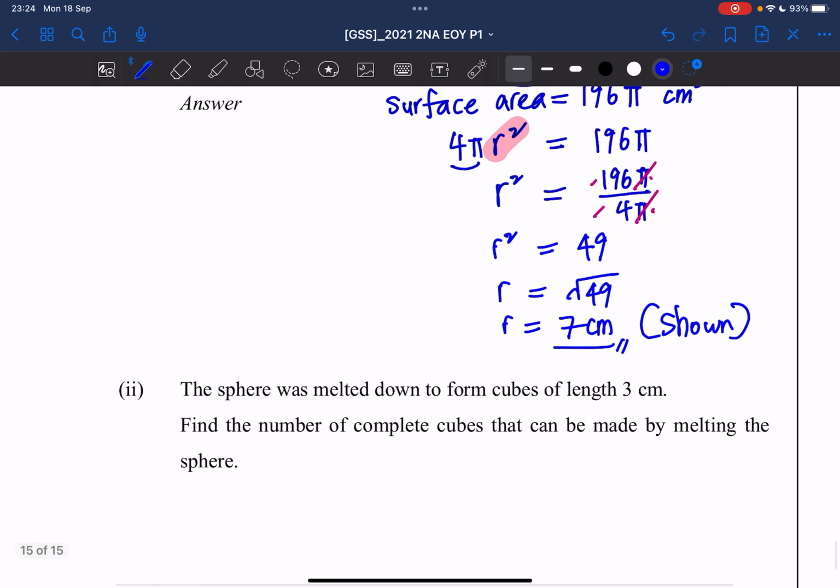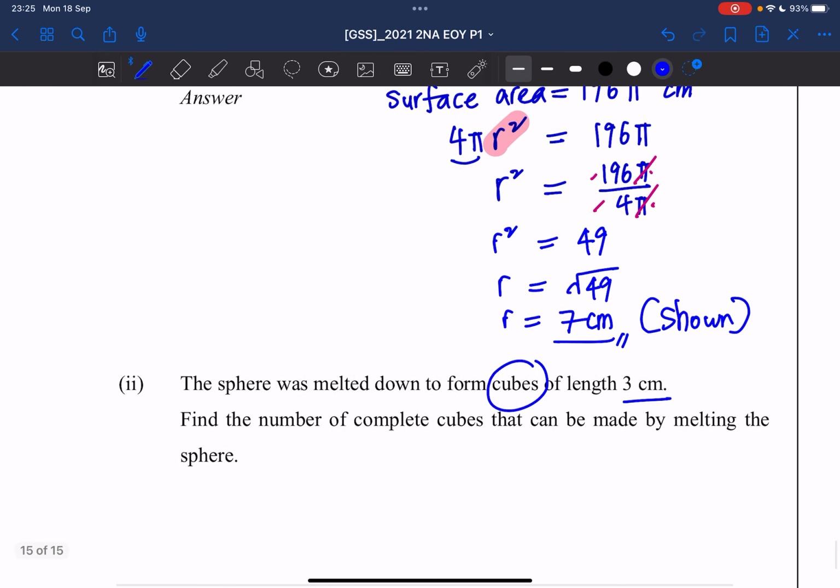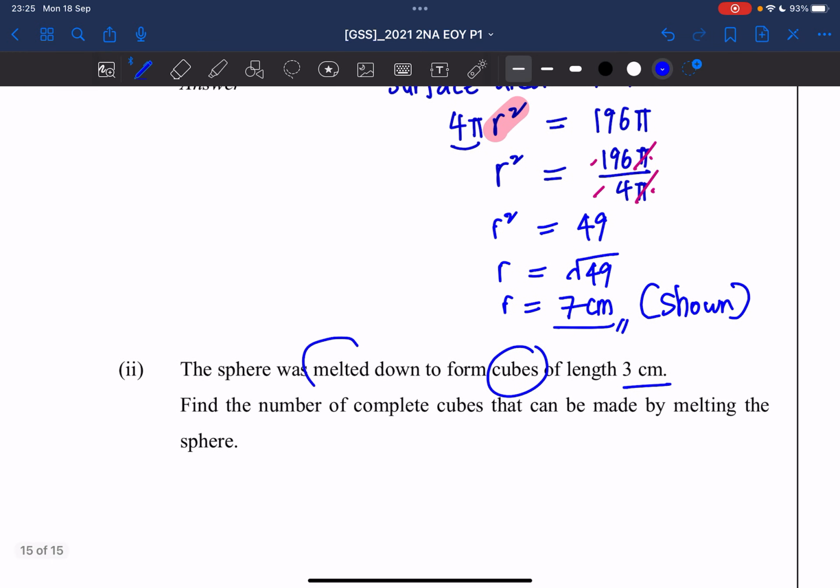Then after that, the sphere was melted down to form cubes of length 3 centimeter. Find the number of complete cubes that can be made by melting the sphere. So for this case, when you talk about melting, the volume is the same. Volume same when you melt one 3D figure to form another 3D figure. The volume remains the same.